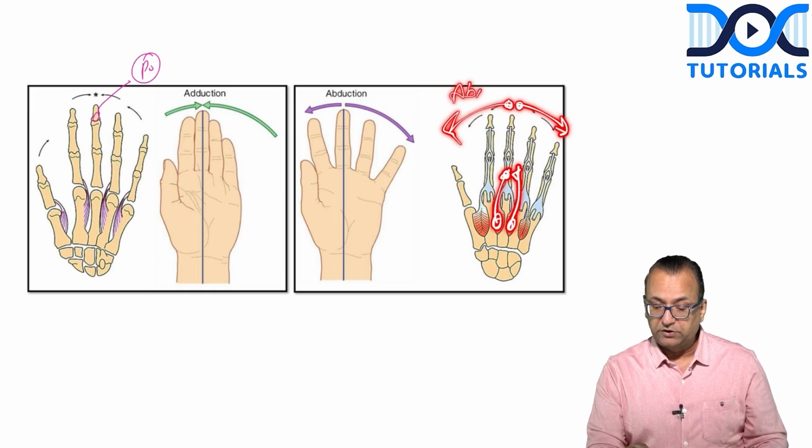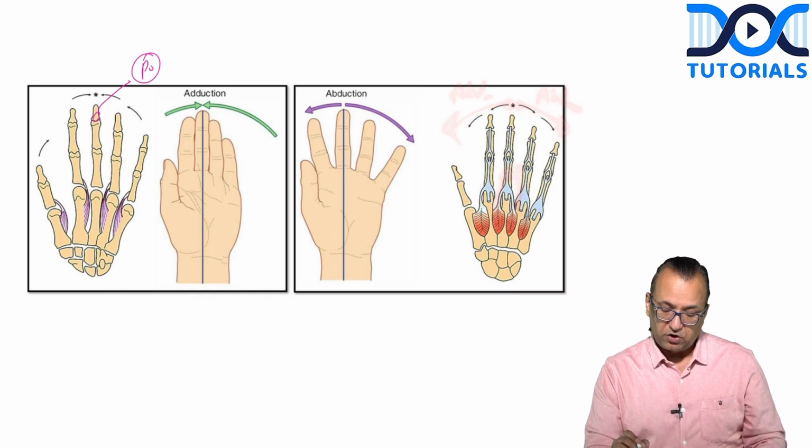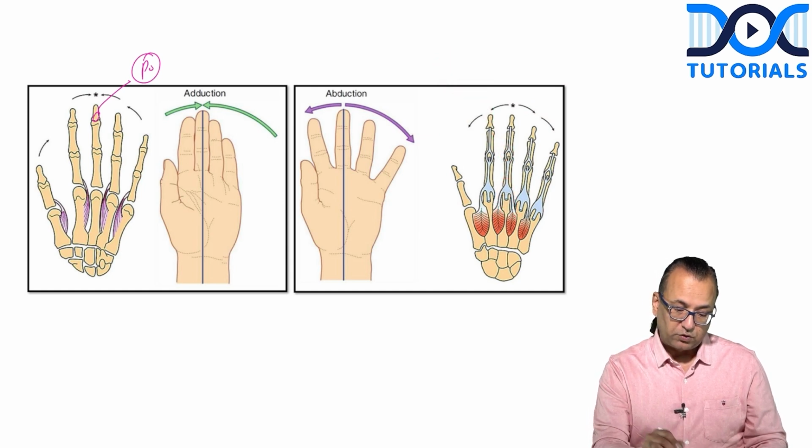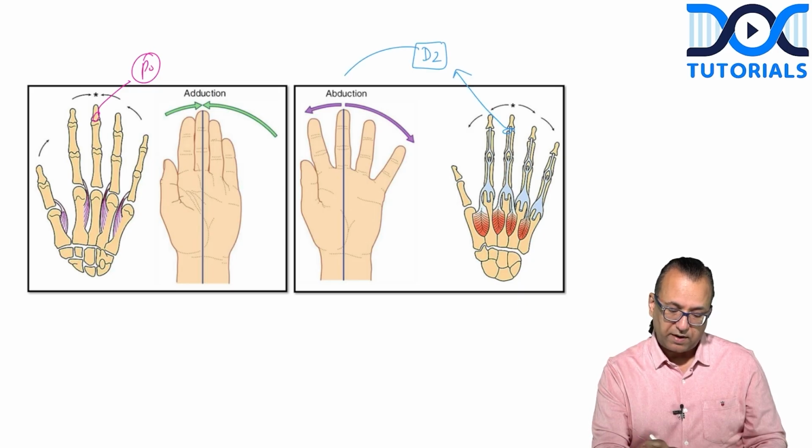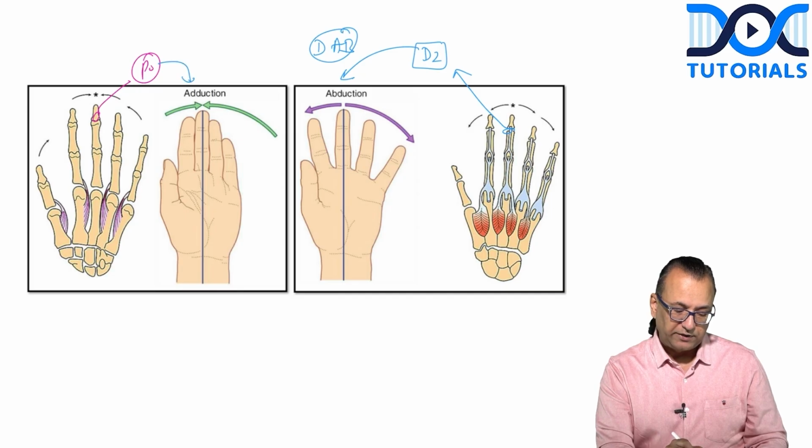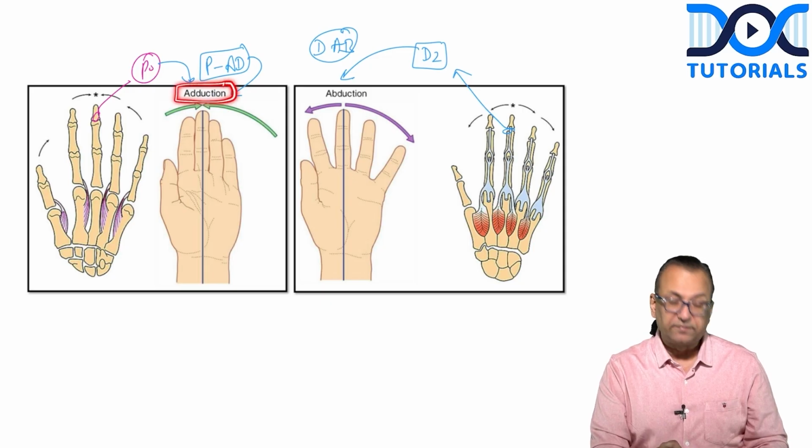The middle finger is always doing abduction; it never does adduction. So it will have attachment of two dorsal interossei, hence D2. The middle finger has D2, two dorsal interossei for abduction, DAB, and P0, palmar interossei zero, because it is always in adduction.